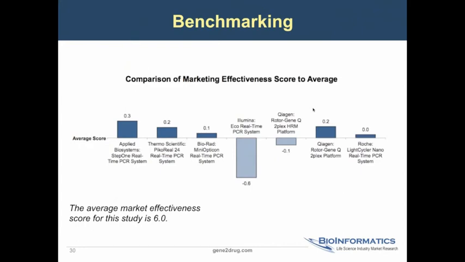The marketing effectiveness score combines the power of brand familiarity with the clarity and believability of the marketing message. Applied Biosystems is the market leader in real-time PCR instrumentation. Illumina is best known for microarrays and next-generation sequencing.